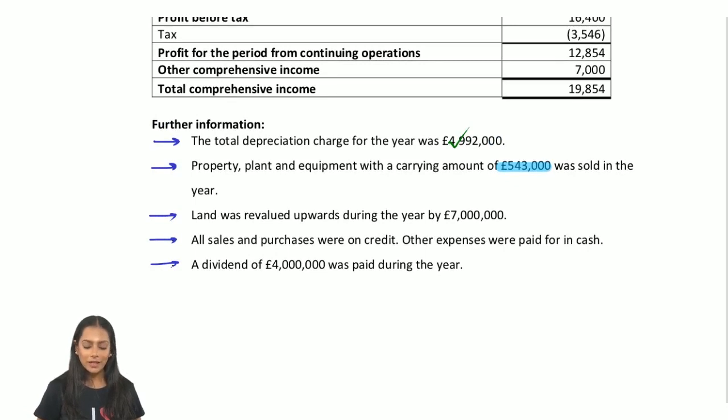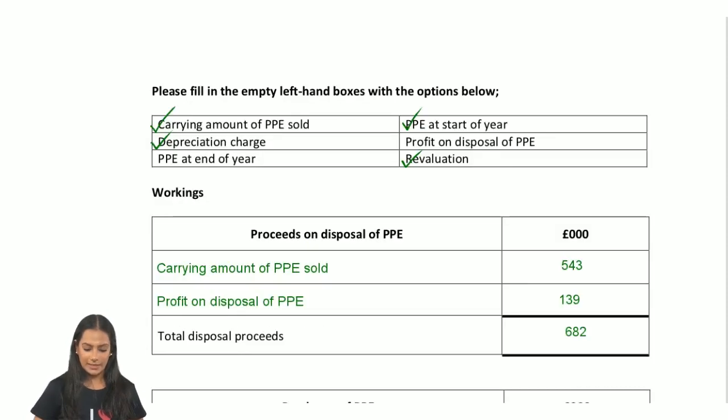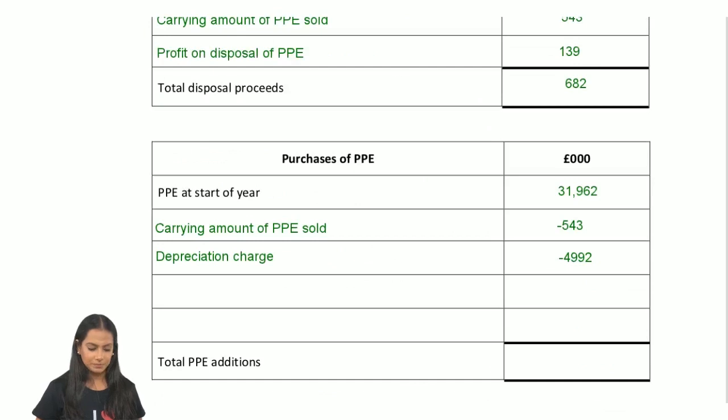Land was revalued upwards by 7 million. If you revalue your land upwards, this is going to have an increase in its value. So we're going to be adding 7 million in our workings here. Revaluation. That will be a positive 7,000.